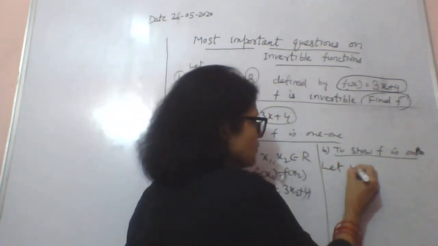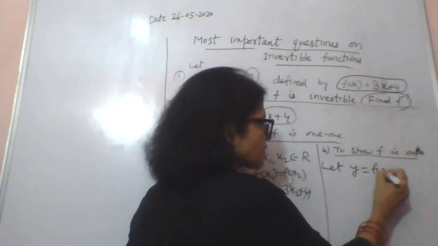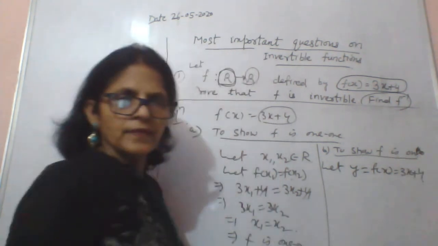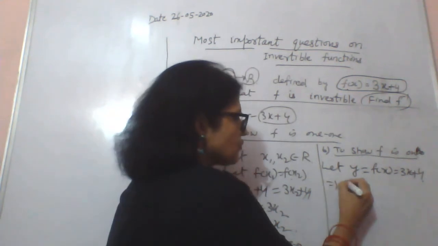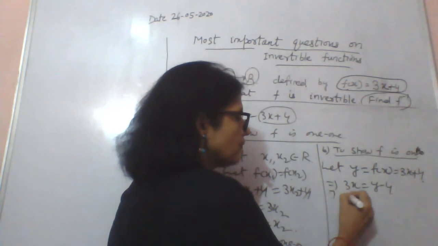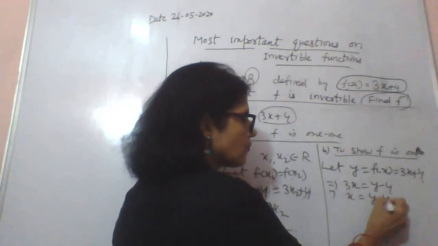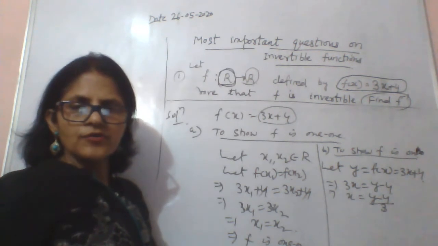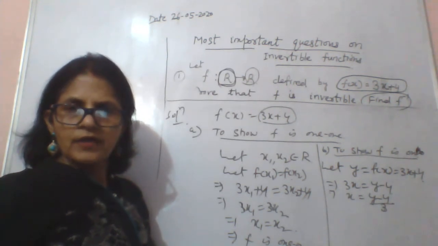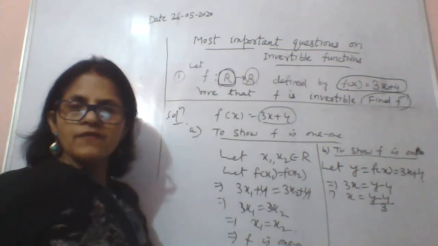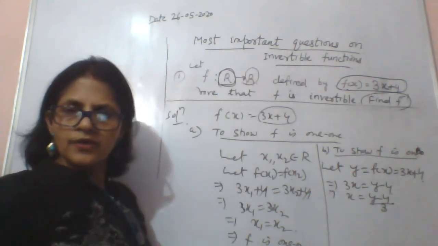So let y = f(x) = 3x + 4. This implies 3x = y - 4, so x = (y - 4)/3. Now ask yourself, for what values of y does x belong to its domain, meaning for what values of y is x a real number?